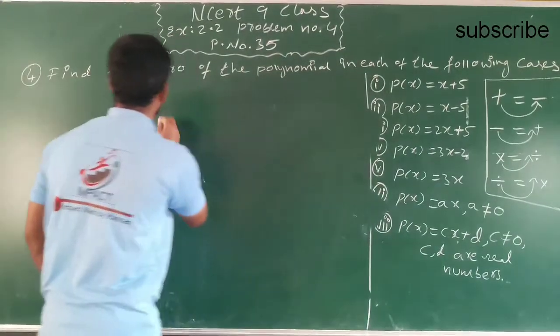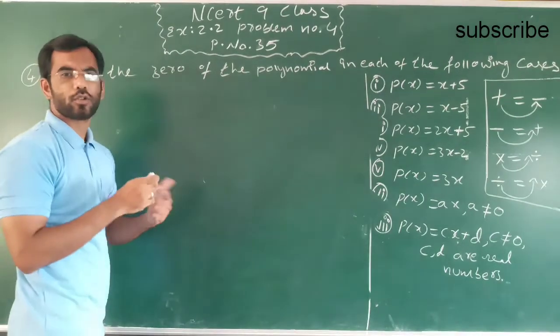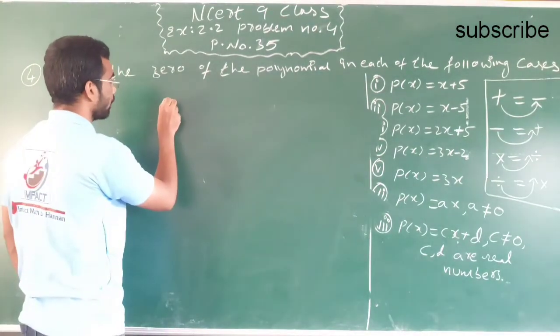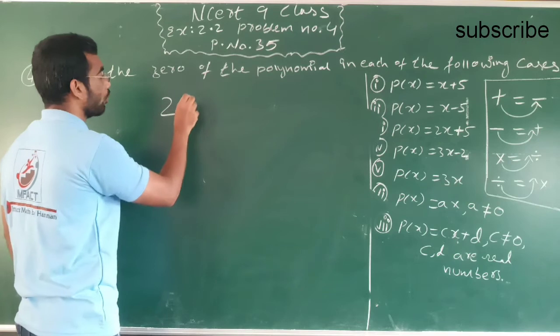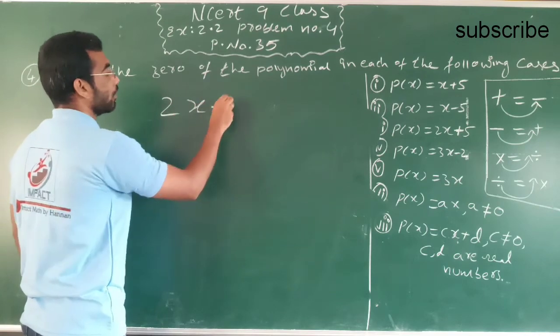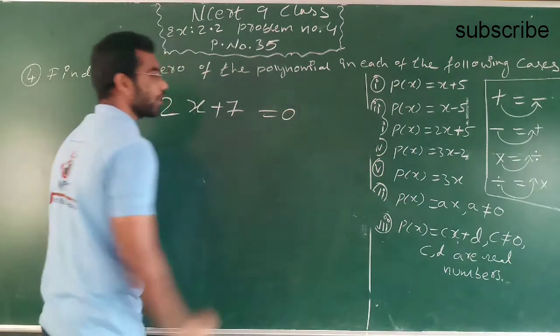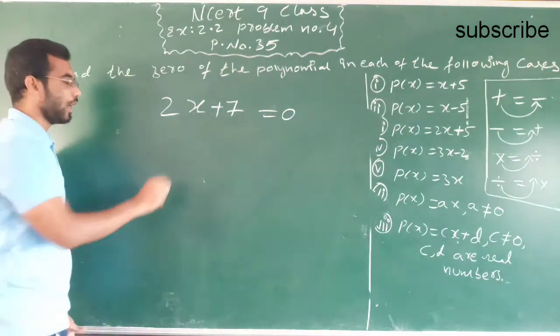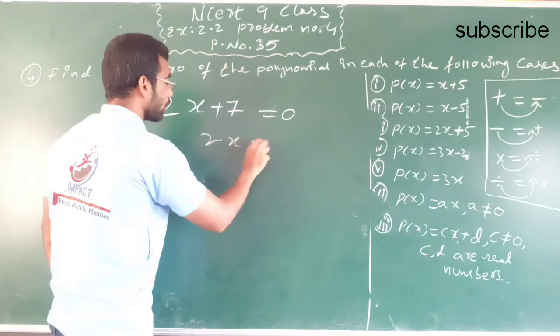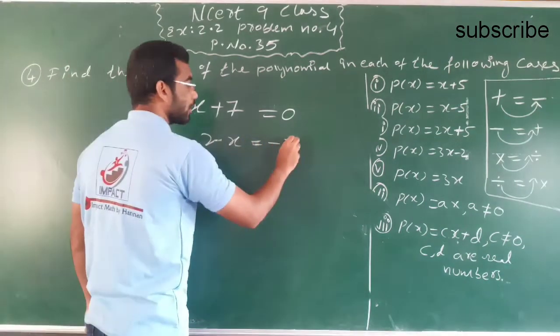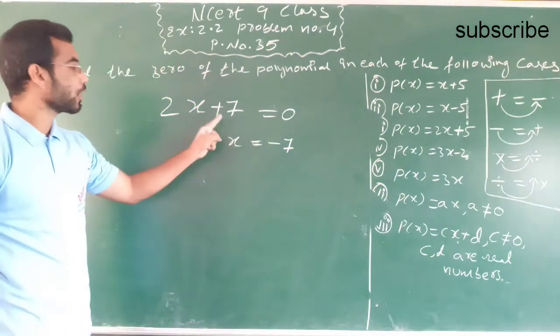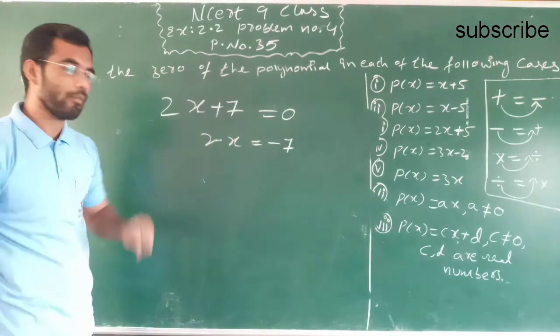Let me explain one more time. This is not the question, just for your better understanding. If I take 2x plus 7 equal to 0, first I have to send the 7 to that side. 2x is equal to minus 7, because here it is plus; if you send it to the other side, it becomes minus.